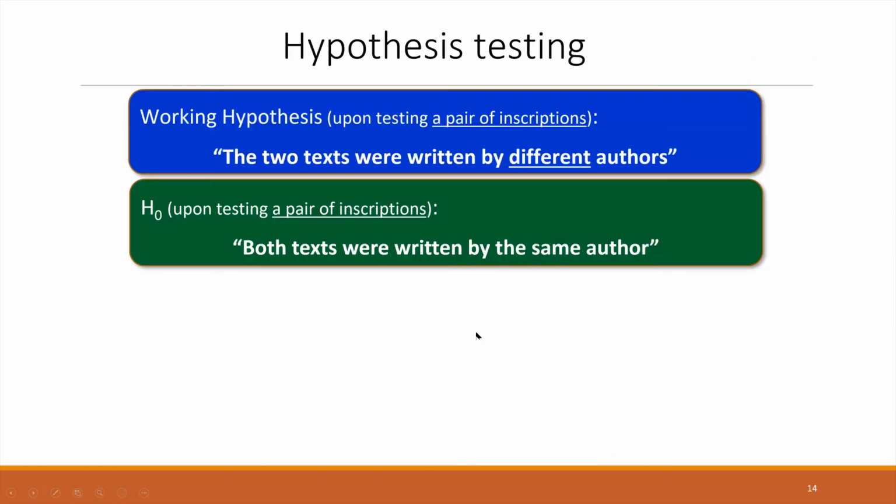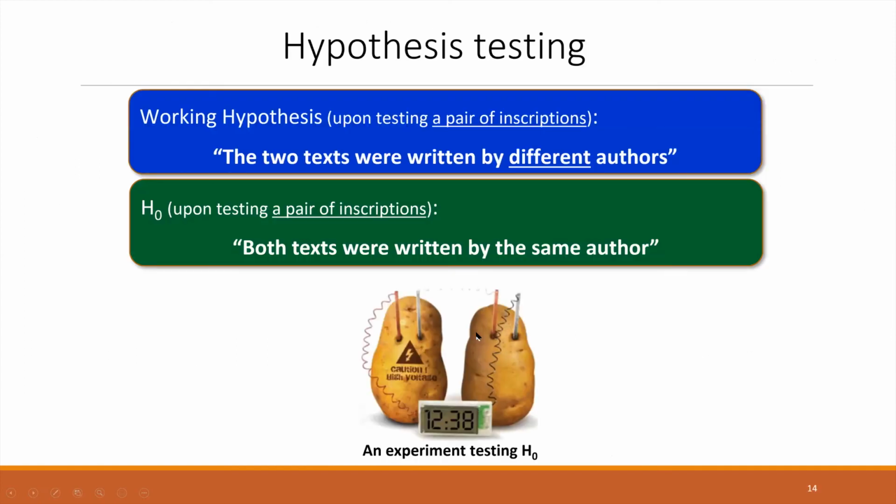So now we can ask the null hypothesis whether two inscriptions were written by the same author or not. In statistics, it's easier to negate a null hypothesis than to prove one. So we say that both of the texts were written by the same author, and we try to negate it.